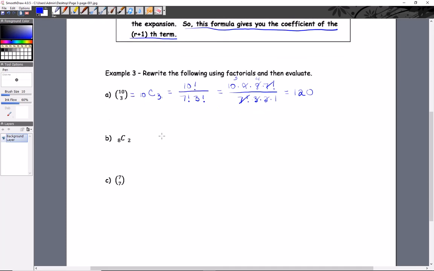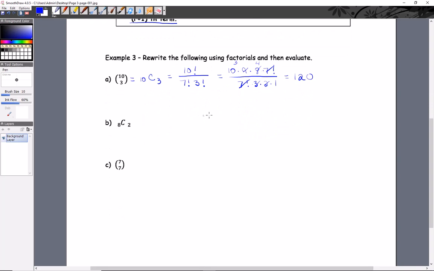All right, so the next one is 8 choose 2. Or in terms of the other notation, it's 8 here and 2 here. Remember, no fraction bar. So n is 8 and r is 2. So that'll be n factorial over n minus r factorial, that will be 6 factorial, times r factorial, which will be 2 factorial.